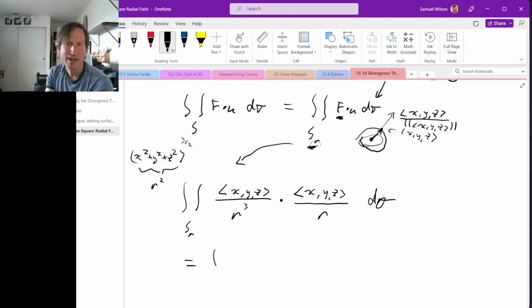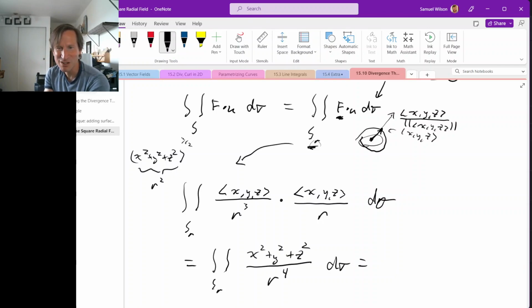Okay, so we're getting the integral over S sub r of, in the numerator, x squared plus y squared plus z squared over, in the denominator, r to the 4th, d sigma.